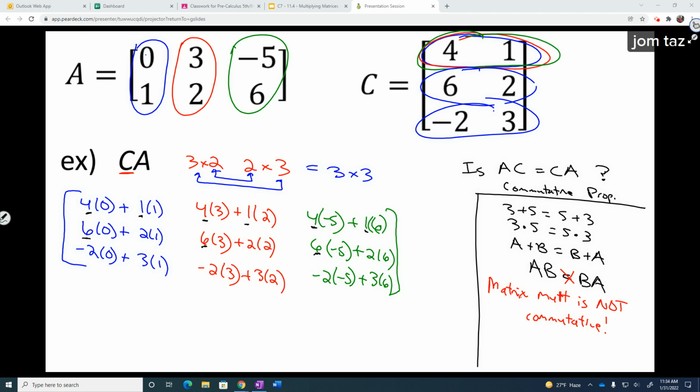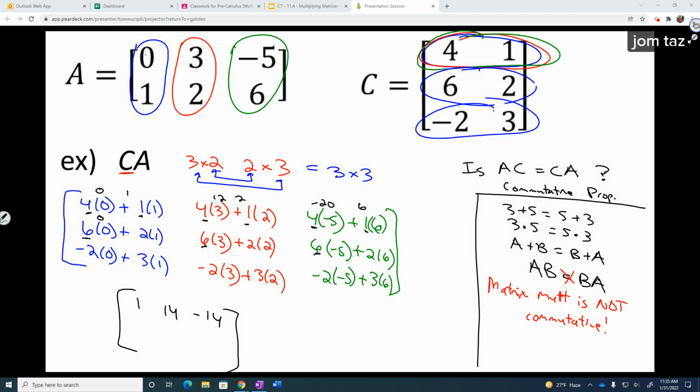If you wanted to then just do this and skip the middle step, this one wouldn't be hard to do. We got 0, 4 times 0, 0, and 1. It's going to be 1. 4 and 3 is 12, and 2, so that's 14. -20 and 6, so that's -14.